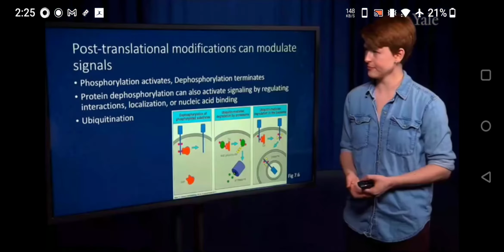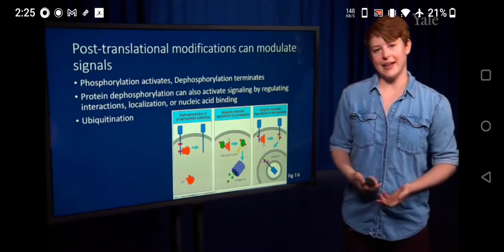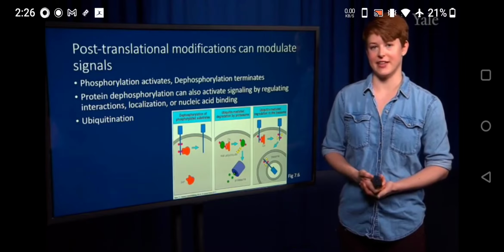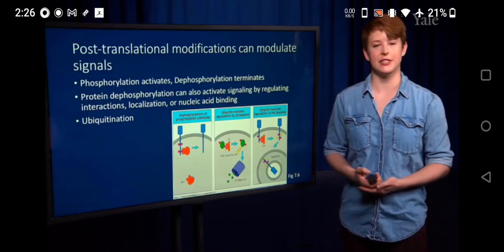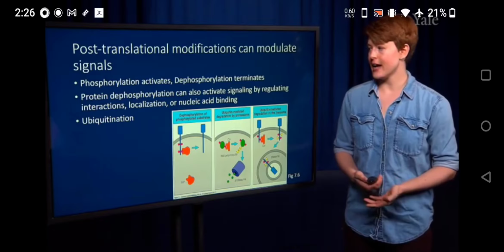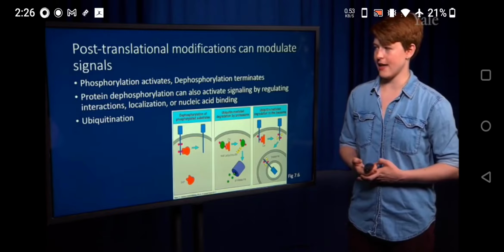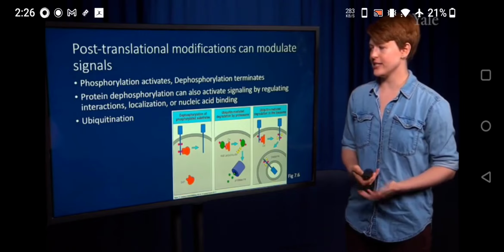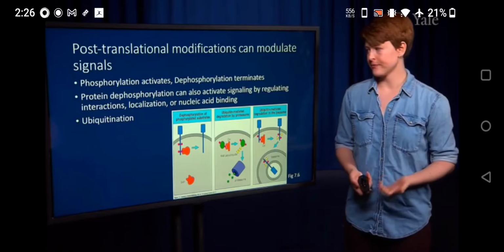Another way that signals are modulated is through post-translational modifications. I already mentioned one, which is phosphorylation through kinases, but other potential post-translational modifications include dephosphorylation as well as protein ubiquitination.